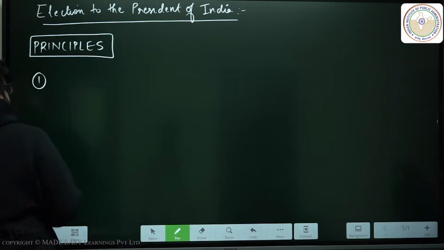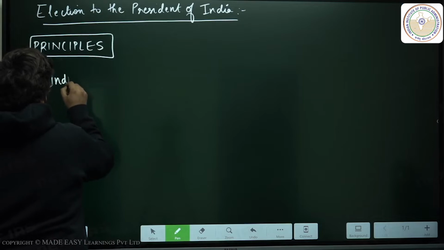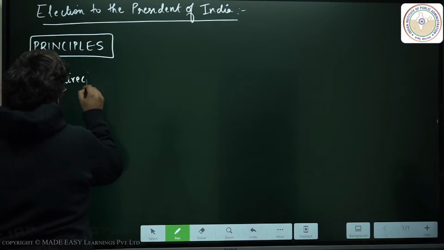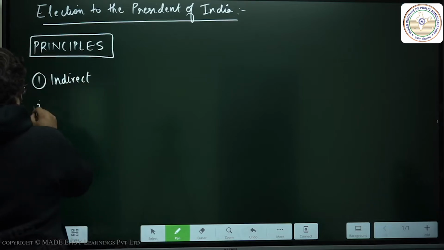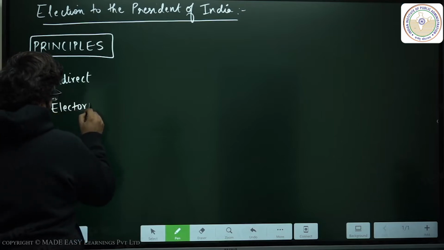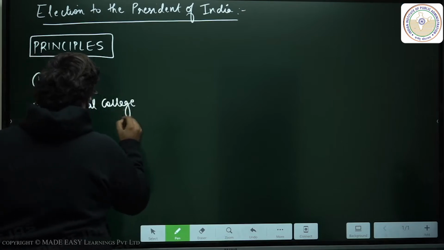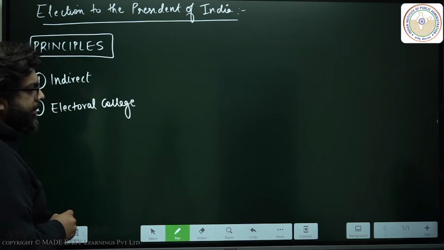First, we understand that this election is an indirect election. There is going to be an electoral college which will be constituted for the said indirect election.